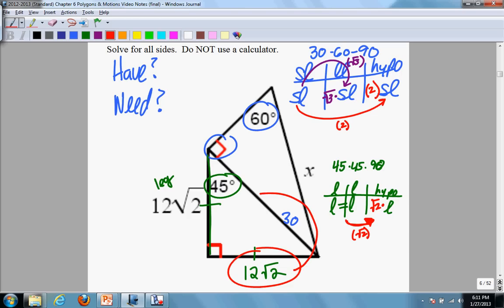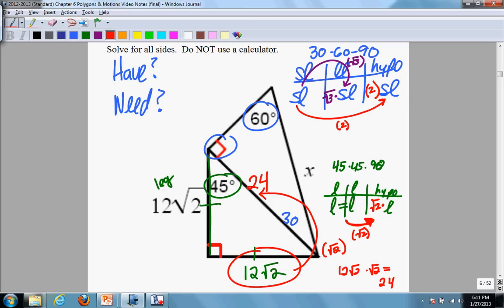And we're going to find this hypo, and we're going to times by square root of 2. And let's see what we get here. So 12 root 2 times root 2. Root 2 times root 2 is 2, so 12 times 2, that's going to be 24 here. So we have 12 root 2, 12 root 2, and 24.